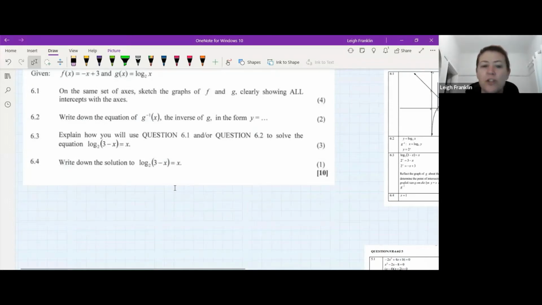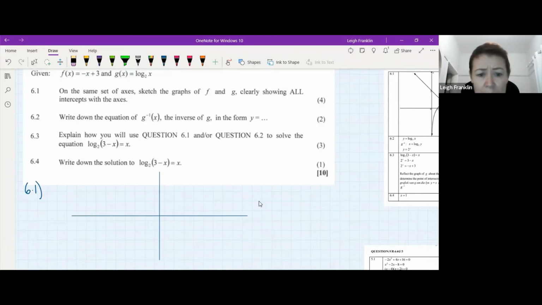Okay, so let's sketch them. Now, when they ask you to sketch a graph or graphs, Matrix, they really don't want you to spend 10 years on constructing a set of axes and labeling every integer. Honestly, you just need to draw yourself a set of axes, like I am over here.